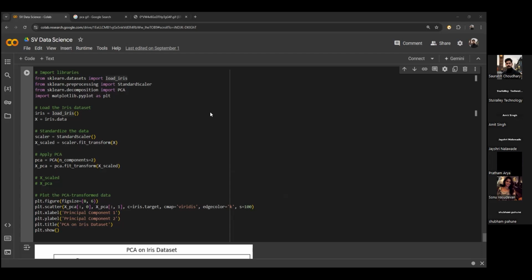Four features we have: sepal length, sepal width, petal length, petal width. Correct.